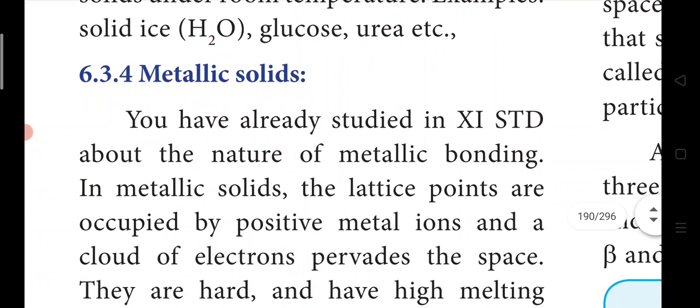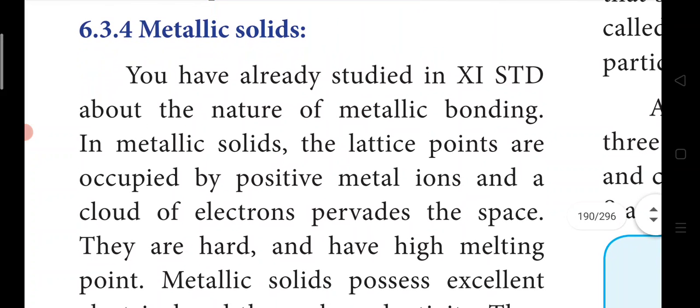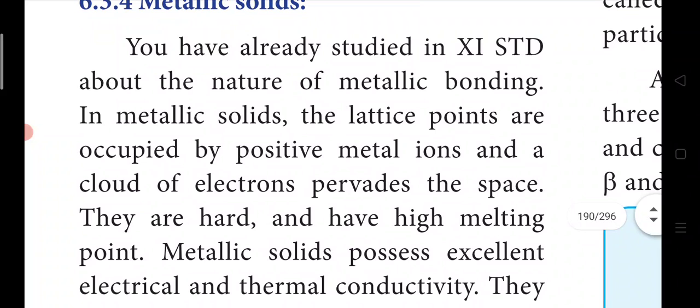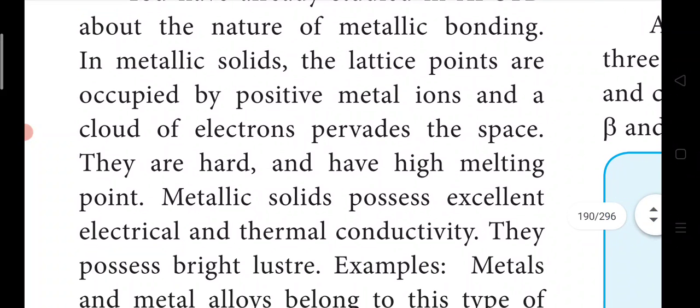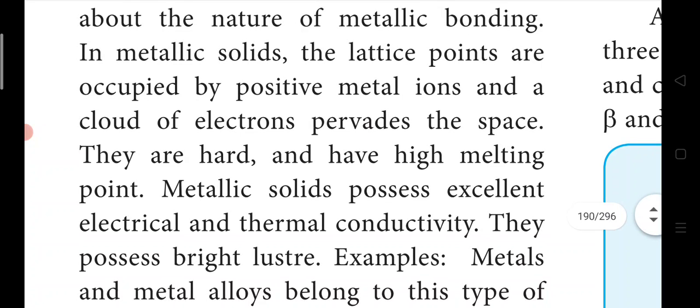And metallic solids: you have already studied metallic bonding in your 11th standard. In metallic solids, the lattice points are occupied by positive metal ions, and the cloud of electrons pervades the space between them. They are hard and have a high melting point, and metallic solids possess excellent electrical and thermal conductivity.